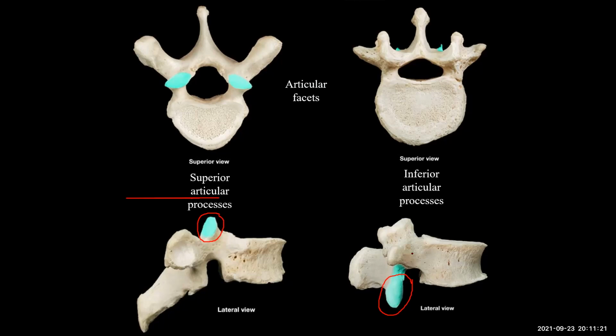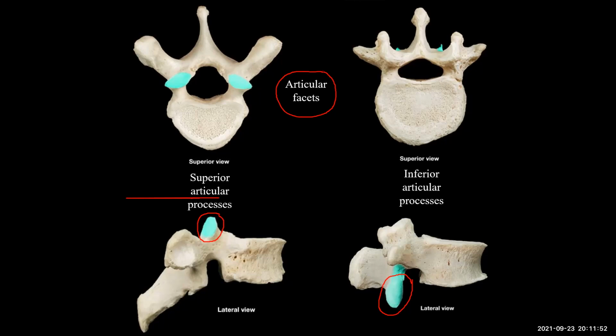So now, this other structure here is called an articular facet. The best way for me to describe an articular facet to you is look at your finger. Your finger is the process. It can be a superior articular process or an inferior articular process, doesn't matter. Your fingernail is the articular facet.